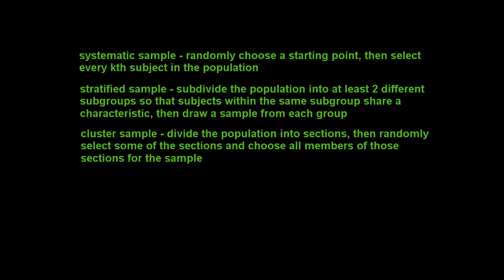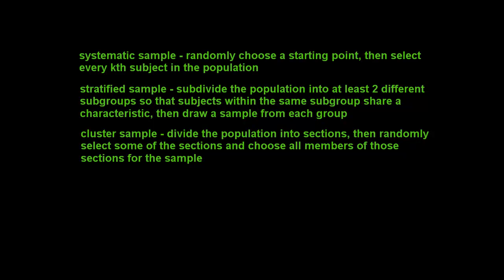In stratified, you subdivide into 2 groups that share characteristics, and then you draw a sample from every one of those groups. In cluster sampling, you divide up into sections, but then you just randomly select some of the sections. We don't randomly select just the males if we have males and females, or randomly select just the sophomores and juniors if we have all 4 classes.